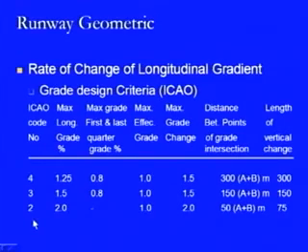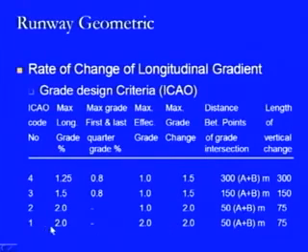Further, when we go to category 2, the maximum longitudinal gradient increases further to 2%, and the maximum grade change also increases to 2%, whereas the distance between the points of grade change reduces to 50 times A plus B, and the length of vertical change reduces to 75, that is, the distance between two successive changeovers in the gradients.